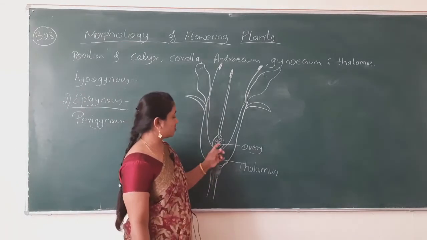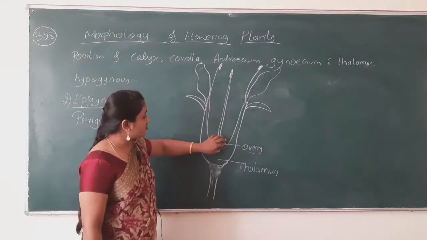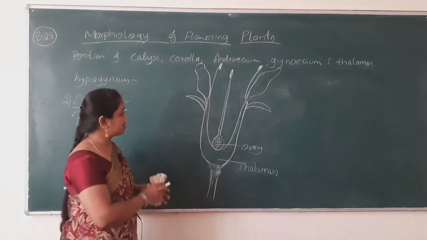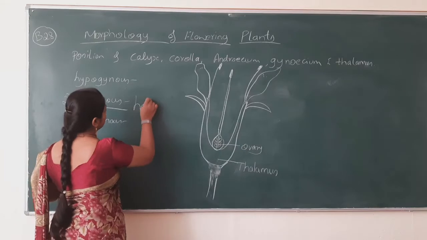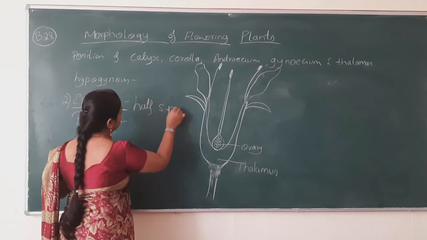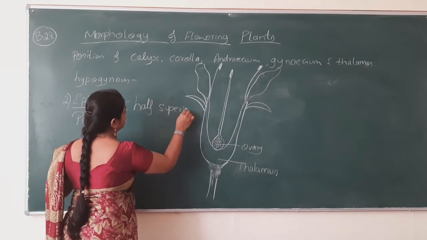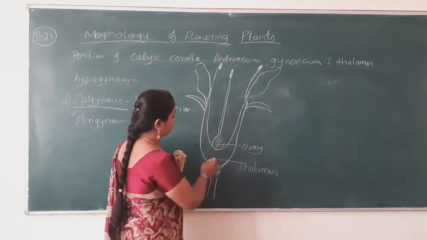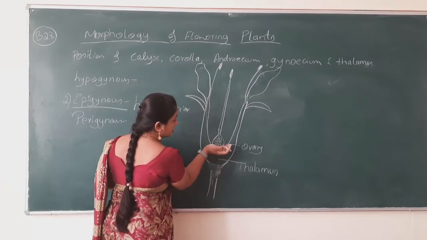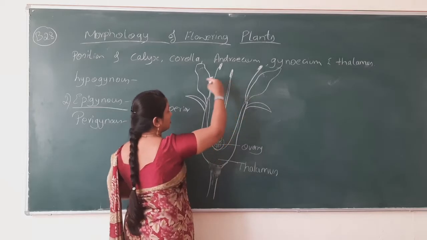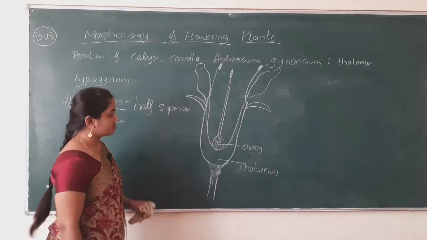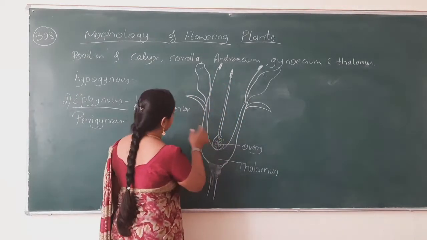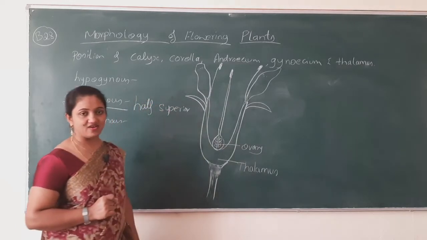And one more thing you have to observe here, the ovary is considered half superior. The ovary is half superior to all other parts. So that's why it is known as epigynous flower.